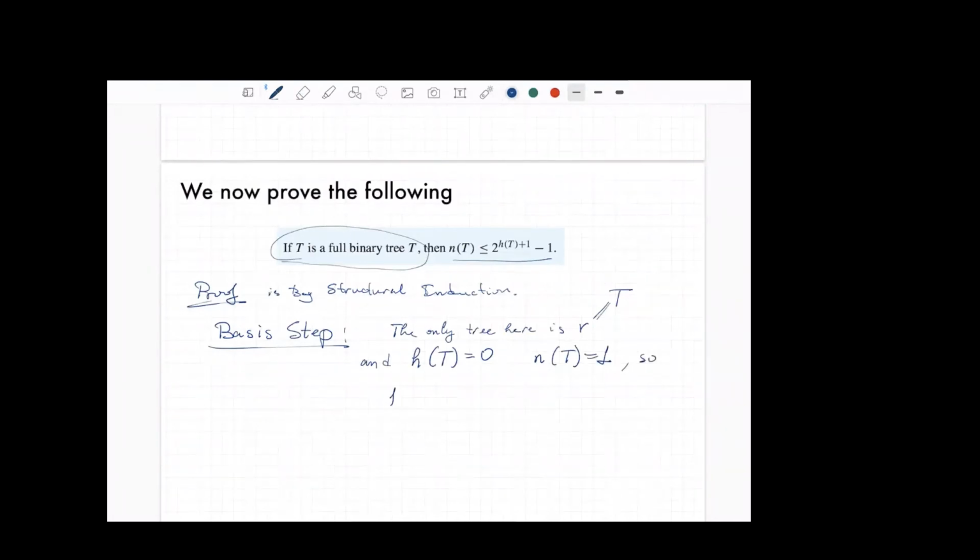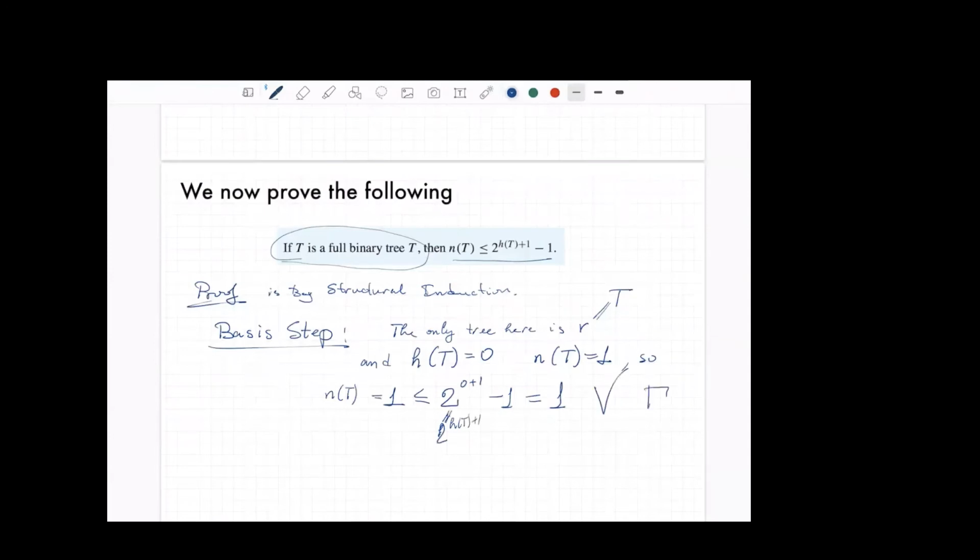So 1, which is N of T, is less than or equal to 2 to the 0 plus 1, minus 1, which is 2 minus 1, which is 1. So since 1 is less than or equal to 1, this quantity checks out.